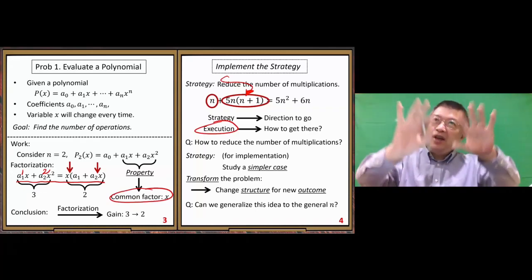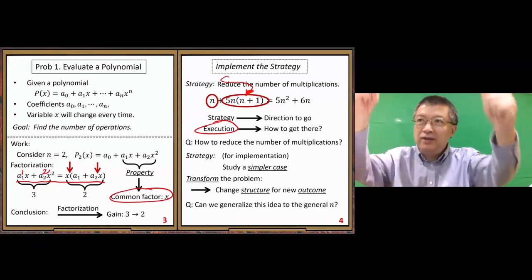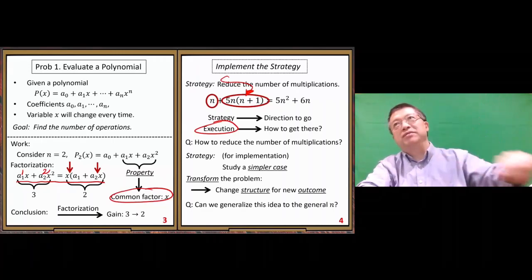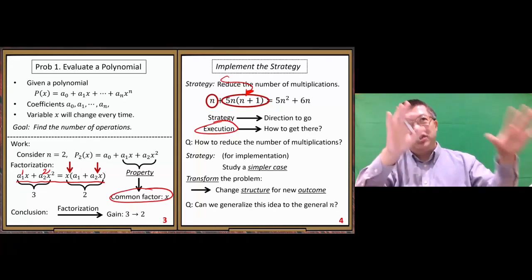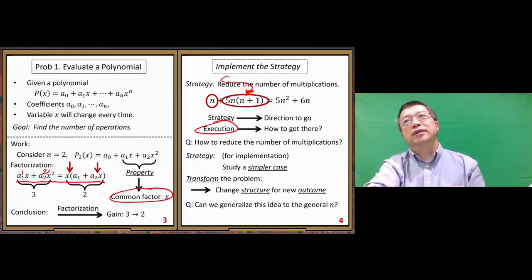Can we extend this method to cover the general n? That's our next topic. But we finished our class today. That continued part we will do in our part B.